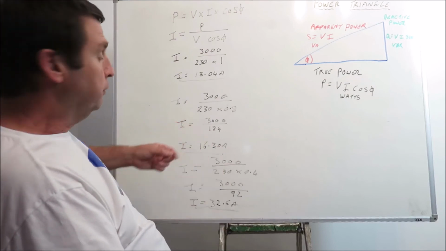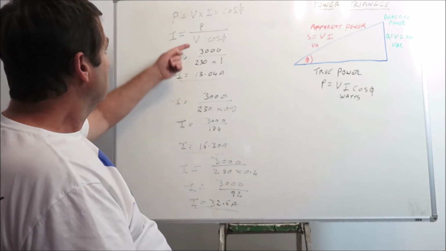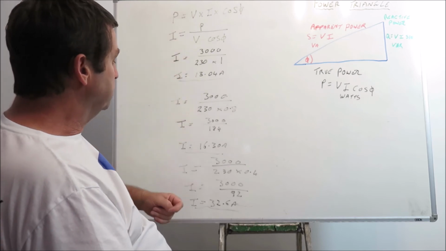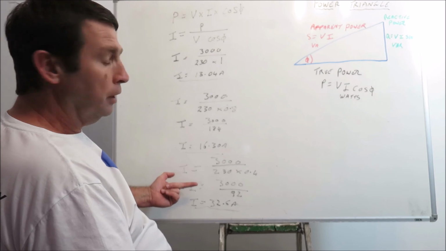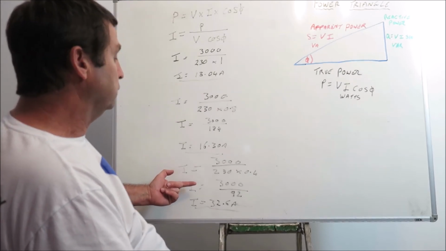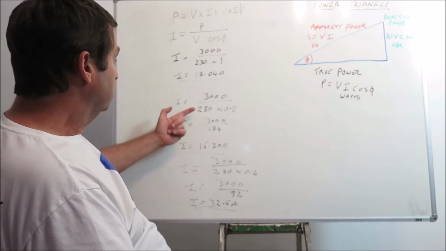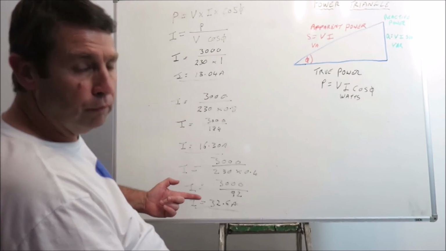So what you can see from these three different scenarios, the power you take in is the same, 3 kilowatts. The power factor, possibly because a power factor correction capacitor has failed or something like that, the current has increased with a decrease in power factor.